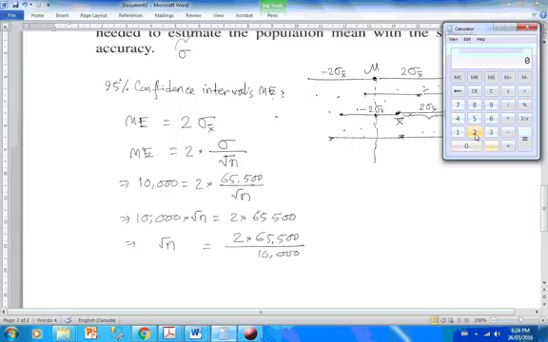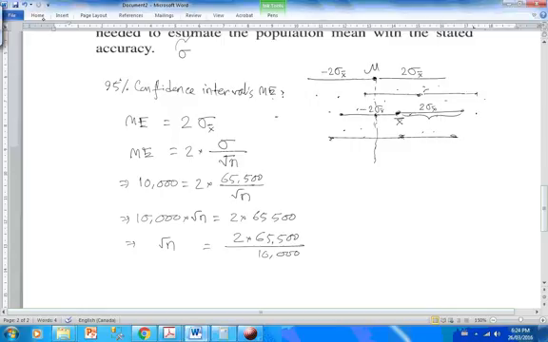So let me plug this in. 2 times 65,500, divide that by 10,000. That's 13.1, turning out to be the value of square root of n.